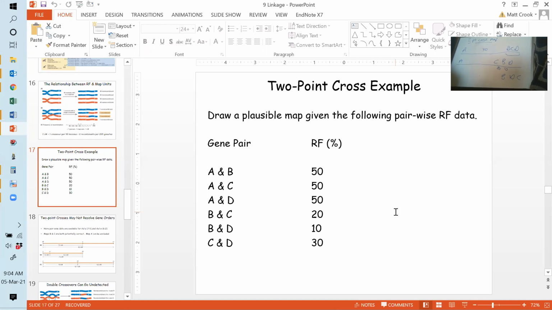So one easy way of doing it is, well, what adds up to 30? It would be B and D would be 10, and this would be 20. Make sure you can see that. There you go. That's a bit better.